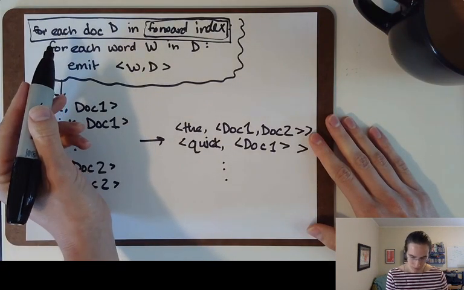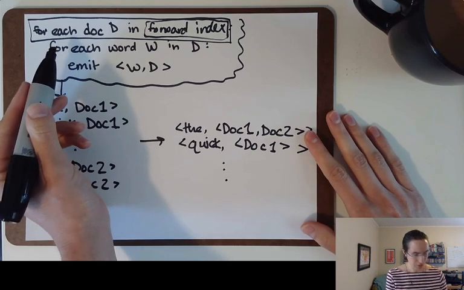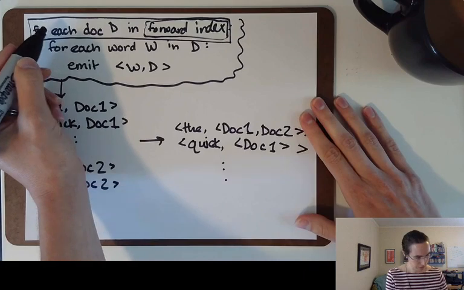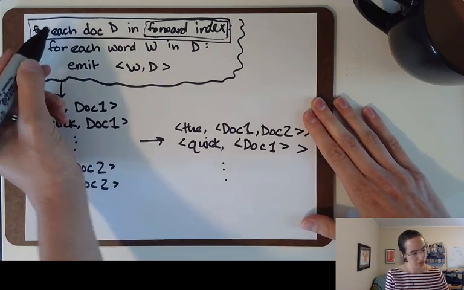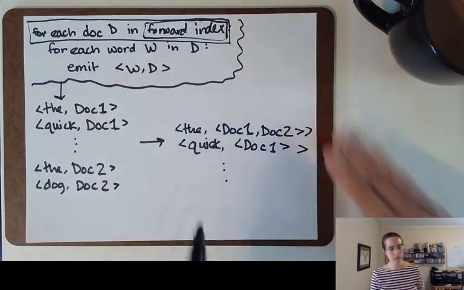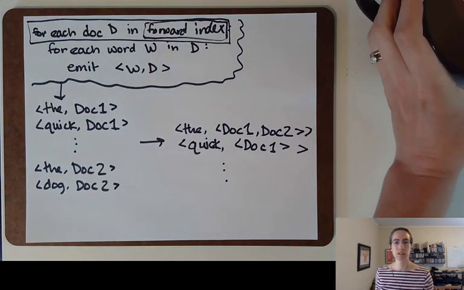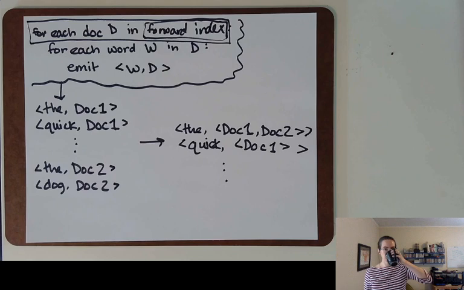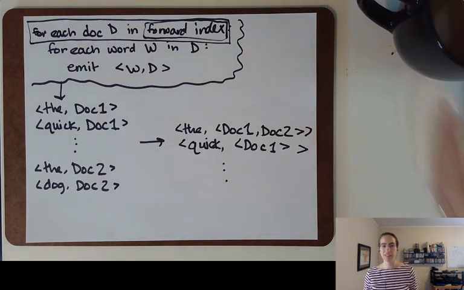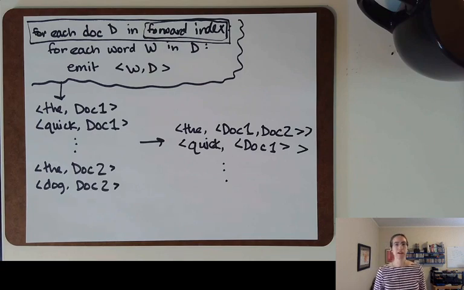Is there any dependency between the different iterations of this loop? That is, do we care about what order the iterations of this outer loop run in? No, there's no dependency. So they're completely independent.